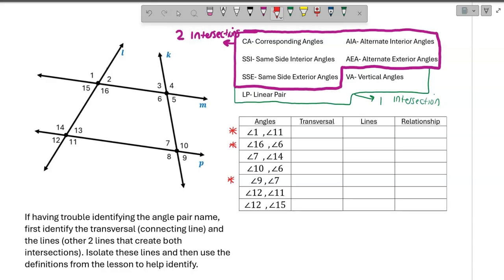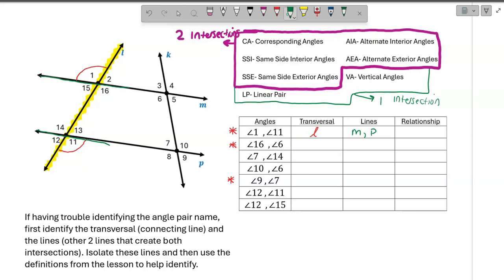In the case of angles 1 and 11, which are highlighted here in red, we can see that our transversal, as I will highlight in yellow, that connects them together is going to be line L. Now, the other lines that make angle 1 and 11 would be lines M, as denoted there in green, and line P. So lines M and P create that relationship.